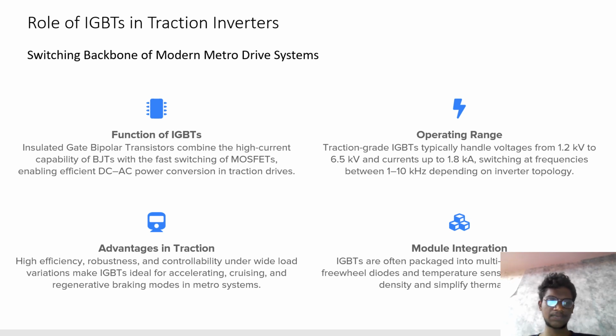Advantages in traction: high efficiency, turn-on, and controllability under wide load variation make IGBTs ideal for accelerating, cruising, and regenerative braking modes in metro systems. Module integration: IGBTs are often packed into multiple chip modules with freewheeling diodes and temperature sensors to provide power density and simplify thermal design.